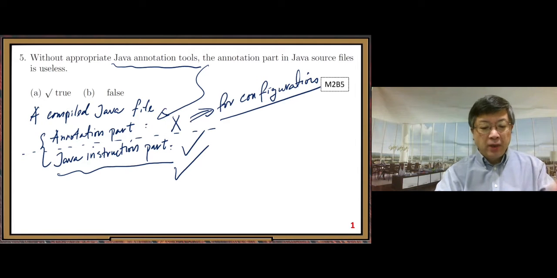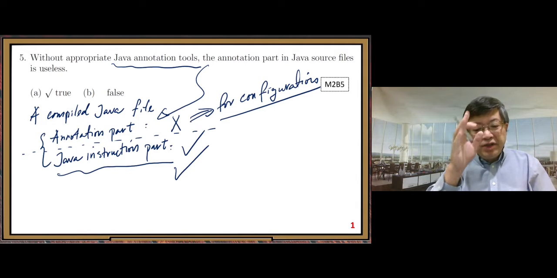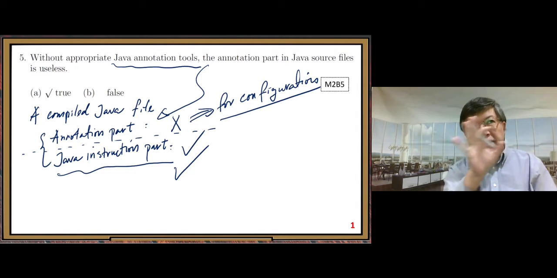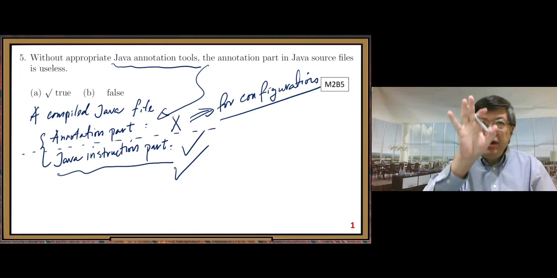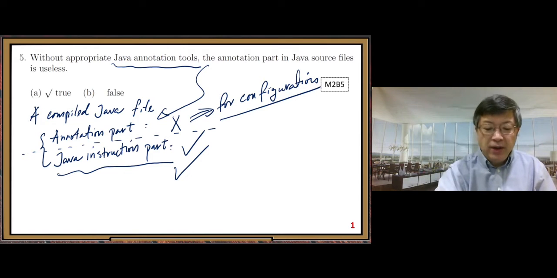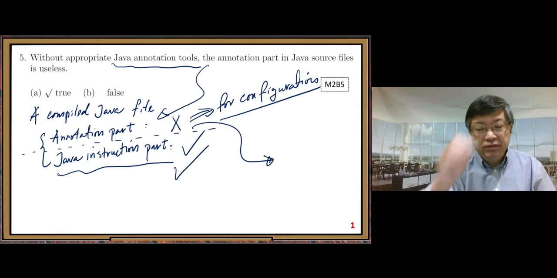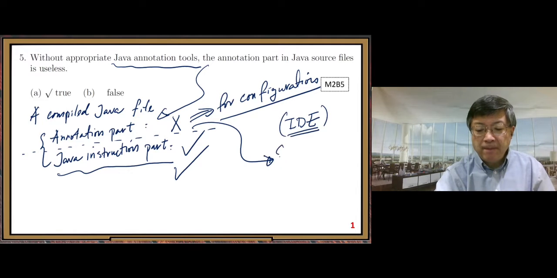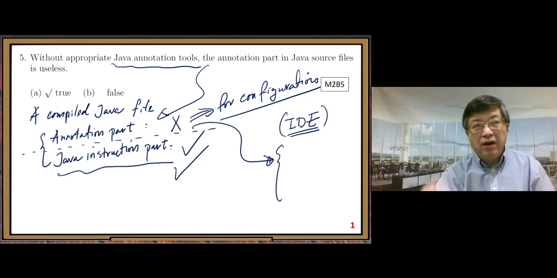Okay? Yeah. All right. So then, based on this understanding, if we go a few steps further, because this annotation part, when you develop your Java classes in IDE, Eclipse, that annotation part, the compiler also checks it.